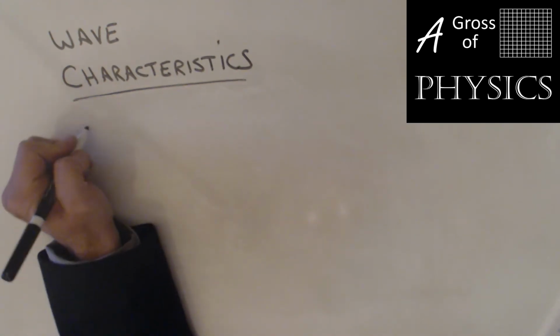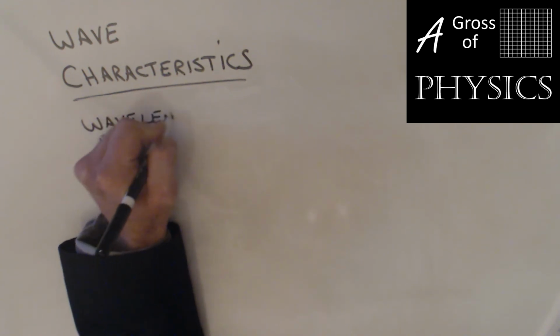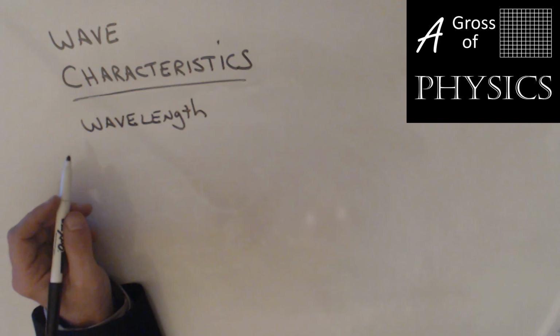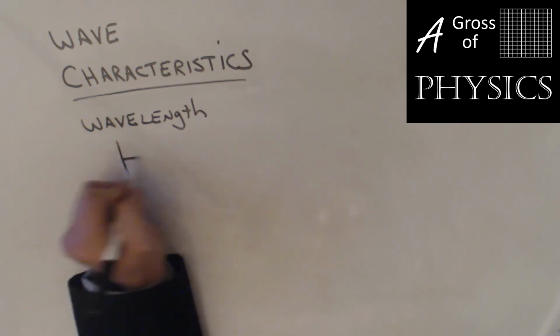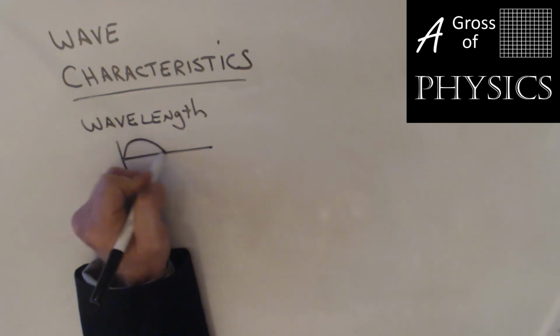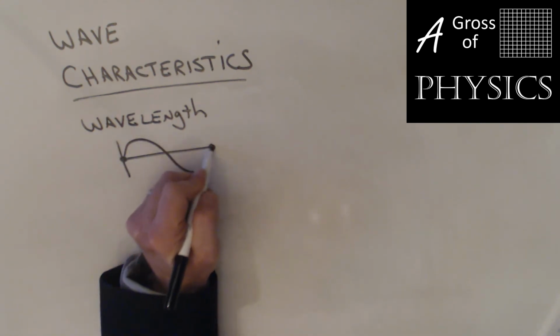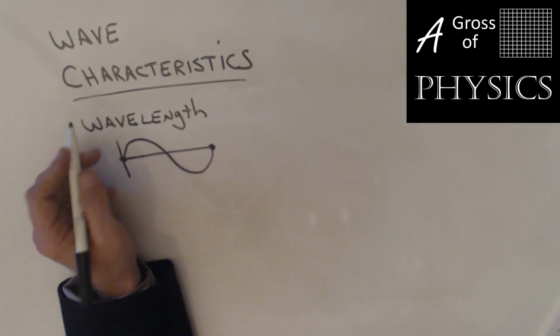The next characteristic that I'd like to discuss is the wavelength. That's how far forward a wave goes as a particle vibrates in one complete oscillation. Also, you can say it's the distance horizontally between 2 successive points on a wave that are in phase.